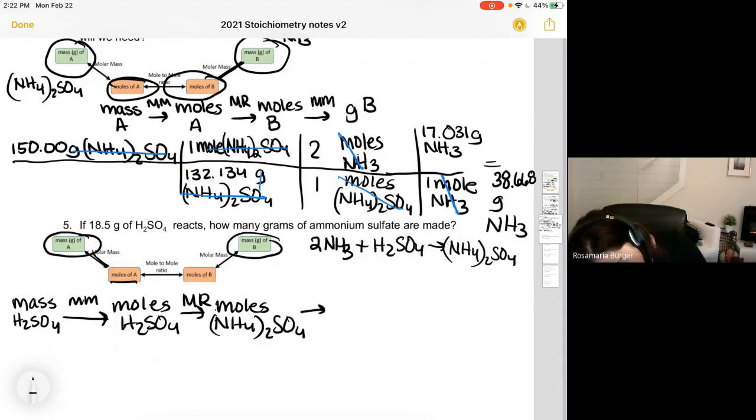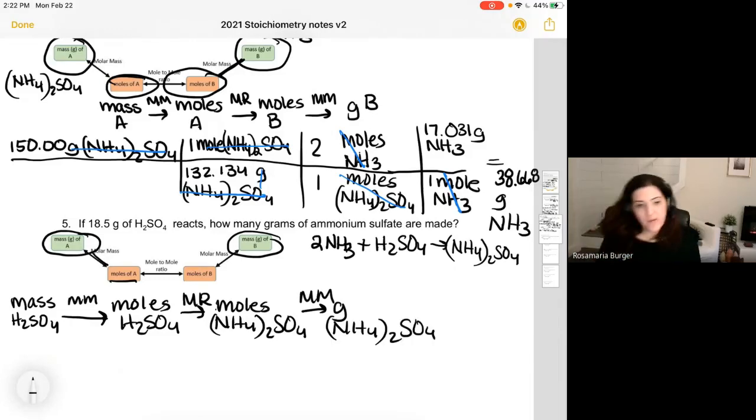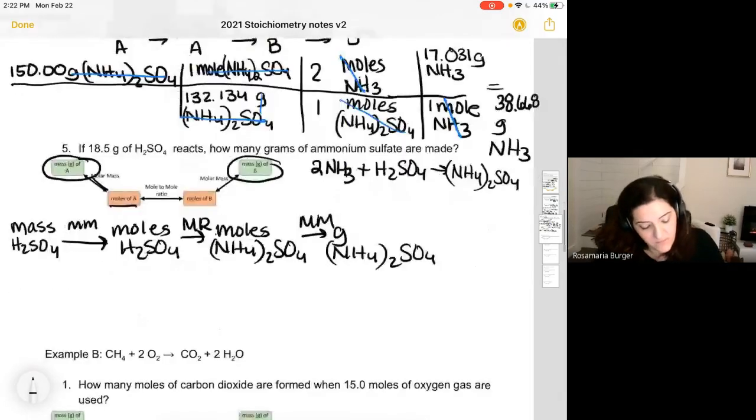And then once we know the number of moles of that, we can get grams of (NH4)2SO4 by using our molar mass again, just the other molar mass. So let's start with what we're given.